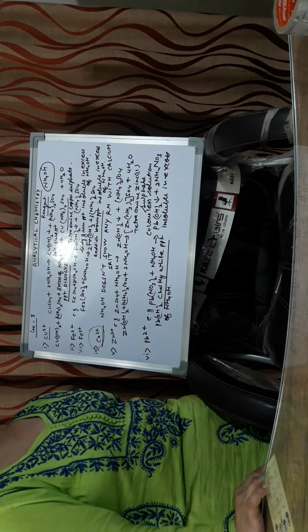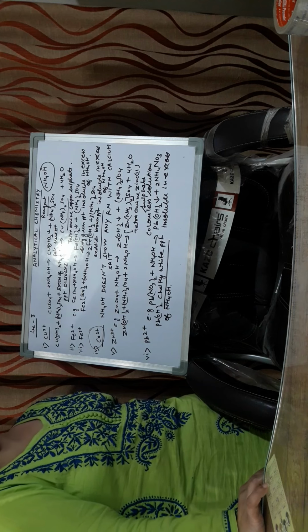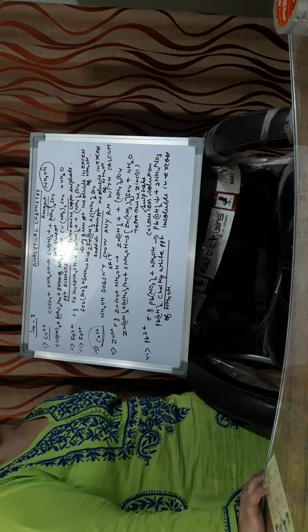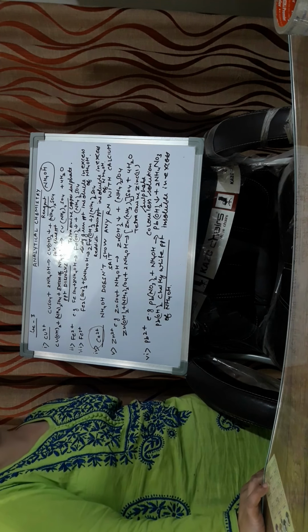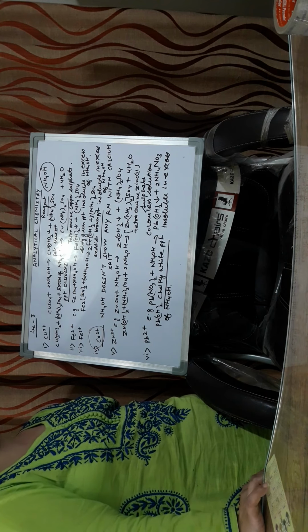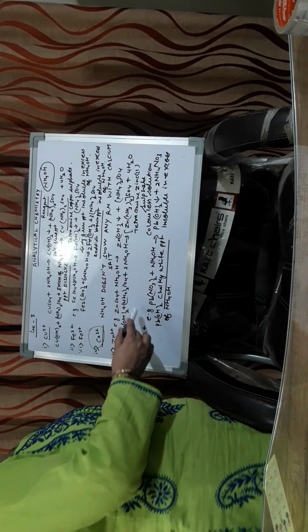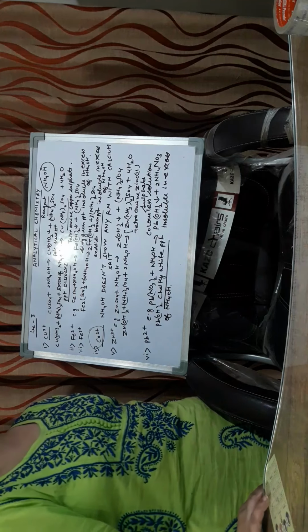So for the detection of zinc cation by using ammonium hydroxide, first of all, we have to prepare the aqueous solution of the sample which is to be tested. Add a small amount of ammonium hydroxide. Gelatinous white precipitate will be formed. When excess of ammonium hydroxide is added, the precipitate will get dissolved.